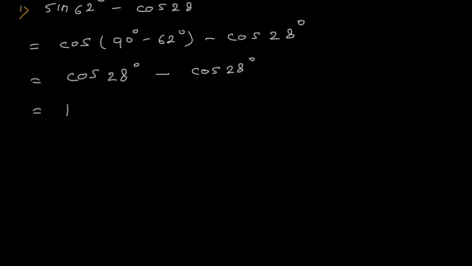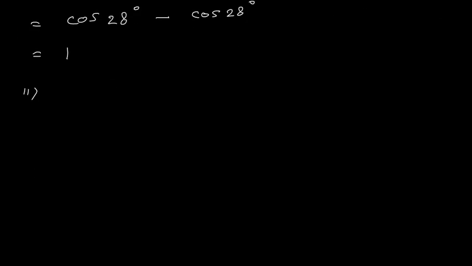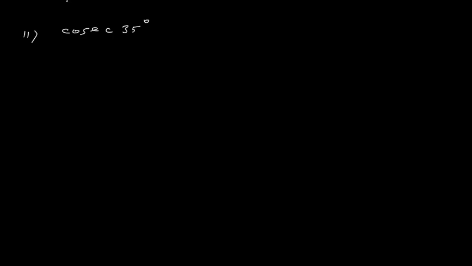The second problem, in the same way, is cosec 35 minus sec 55. You can solve it yourself. Cosec 35 minus sec 55. This cosec 35 you can write as sec 90 degree minus 35 degree, minus sec 55 degree, which you keep as it is.